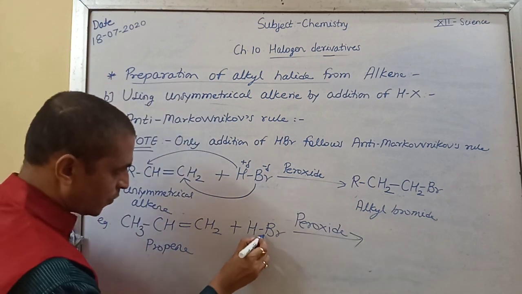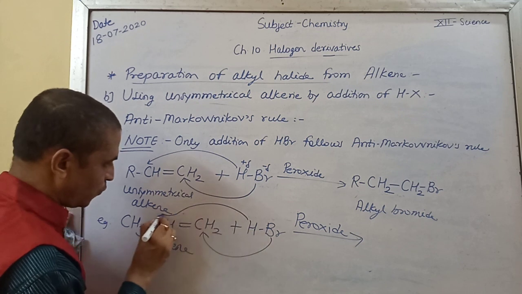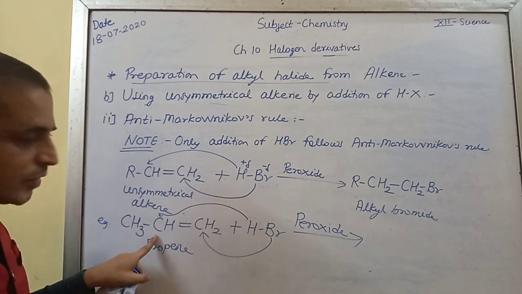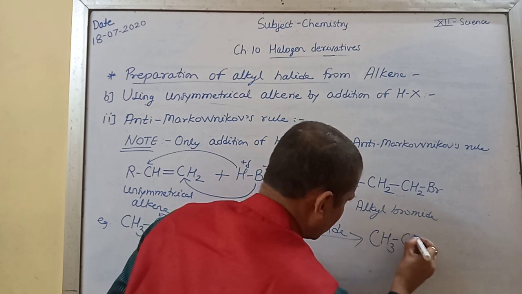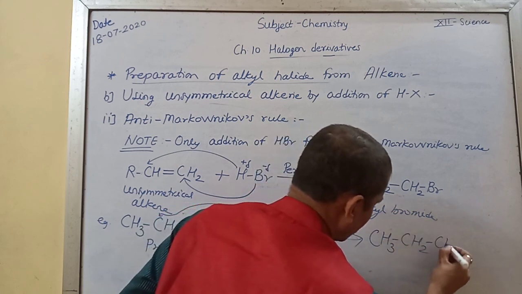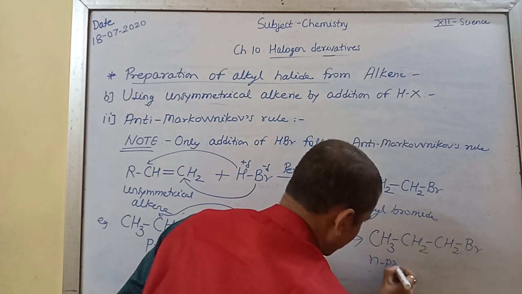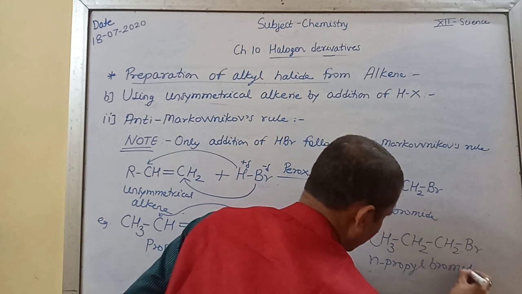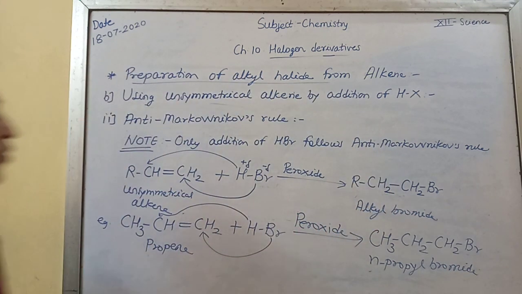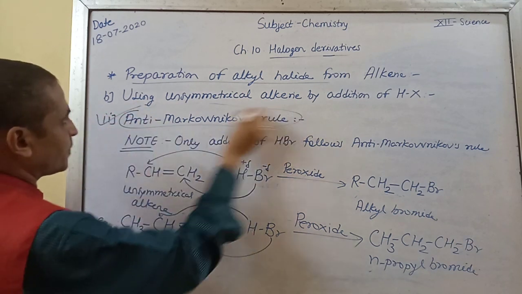So Br goes to the carbon carrying more number of hydrogen, and H goes to the double bonded carbon atom carrying less number of hydrogen. So you get CH3CH2CH2Br. It is called n-propyl bromide. Go through this anti-Markovnikov rule. It is also very important.